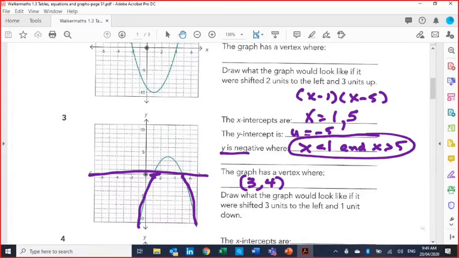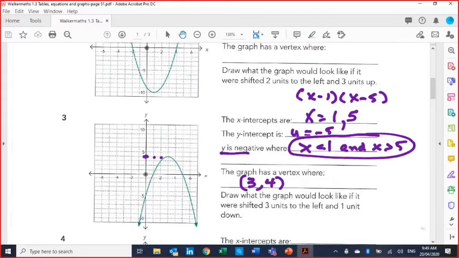Draw what the graph would look like if it were shifted 3 units to the left and 1 unit down. Again, remember when we're talking about those kinds of shifts, we're talking about moving the vertex. So shifted 3 units to the left means 1, 2, 3. There's our new vertex right there.